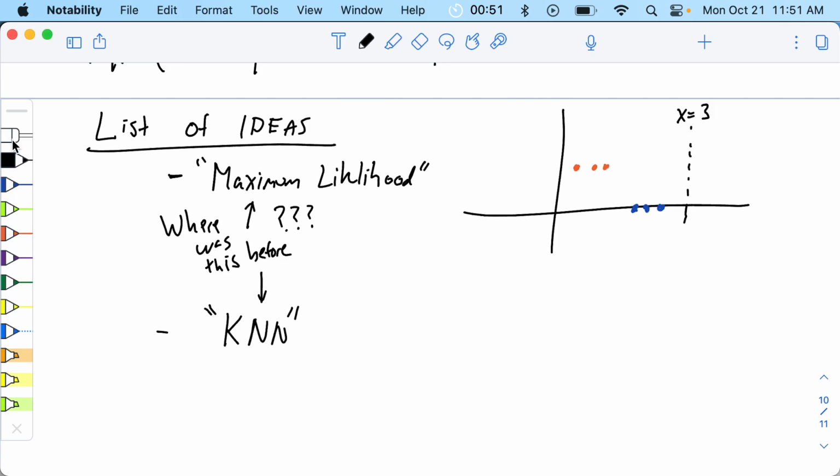Maximum likelihood. Does anyone remember where we saw it? When you were introducing logistic regression. Yeah. In logistic regression and even in linear regression, maximum likelihood was how we measured how good an answer is.